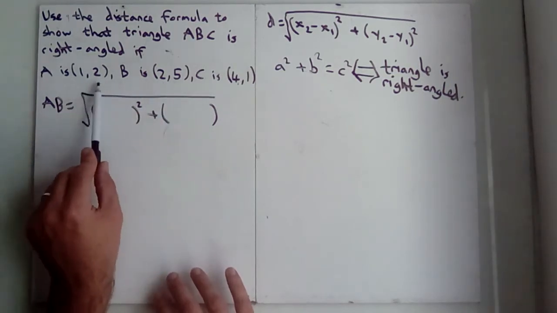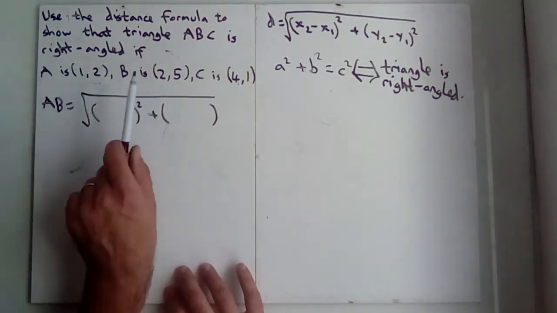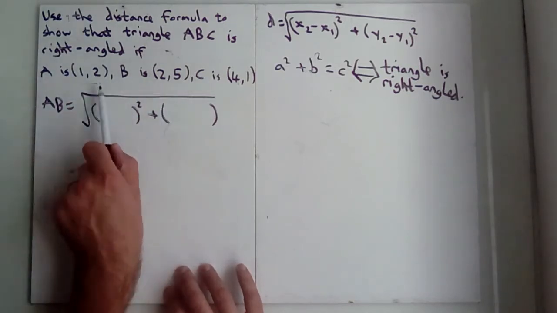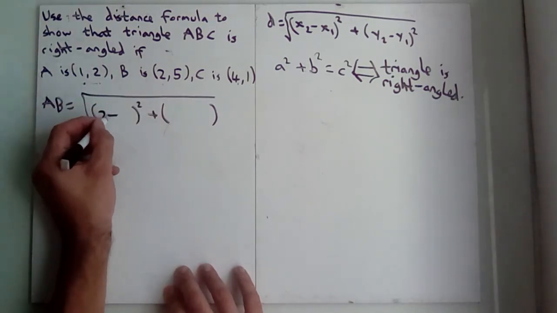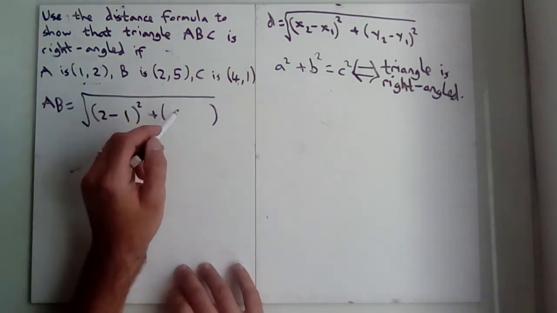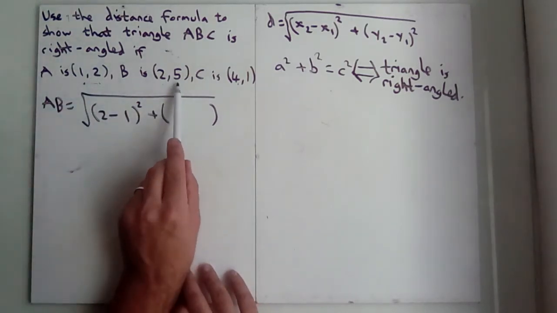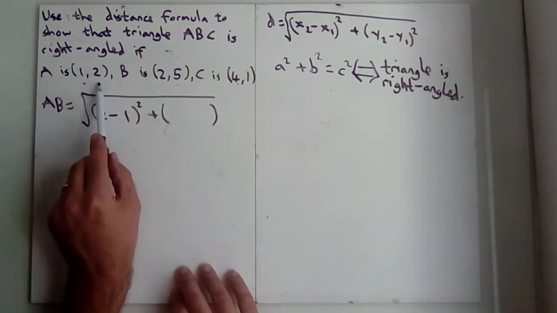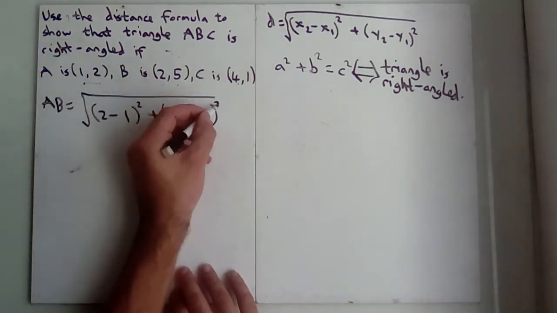So we're going to use A and B. The x2 minus x1 is going to be the x coordinate of B minus the x coordinate of A, so that's 2 minus 1. And for the y2 minus y1, we're going to use the y coordinate of B, which is 5, minus the y coordinate of A, which is 2. So 5 minus 2. And we need to square that.